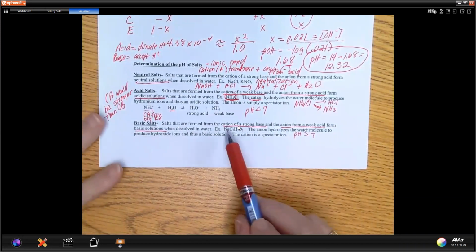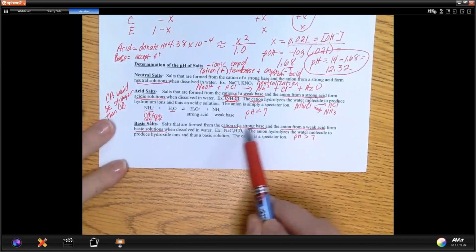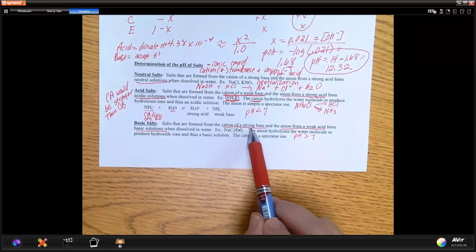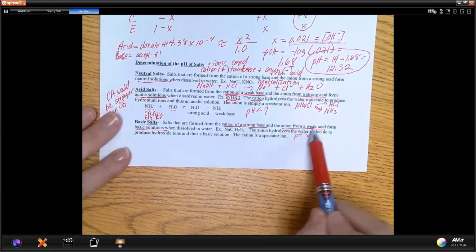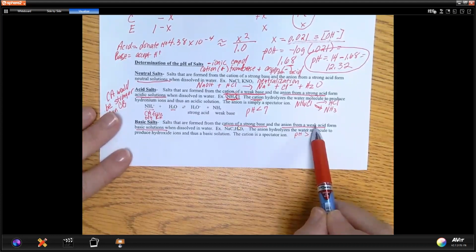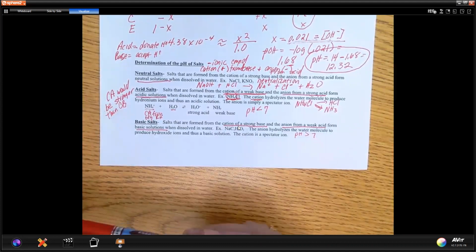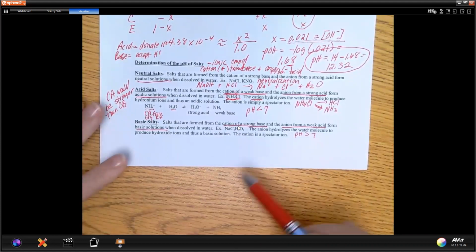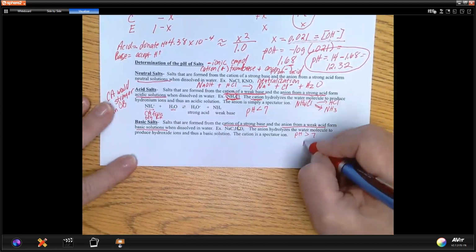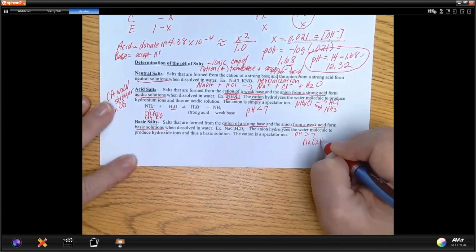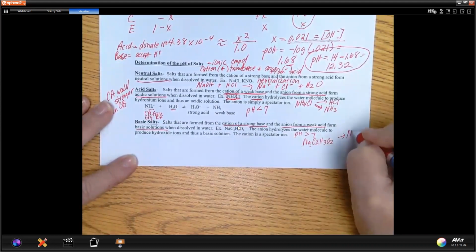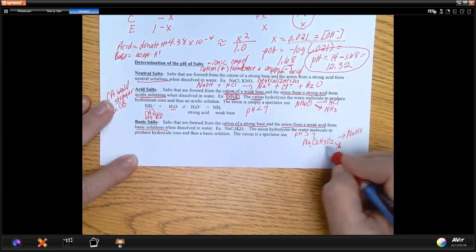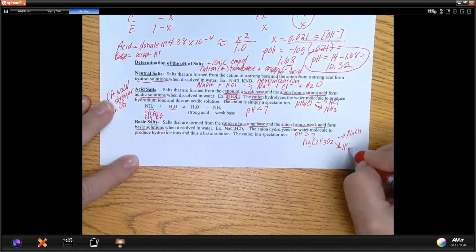Since my base is strong, it's going to be almost completely ionized. My weak acid will not be nearly as ionized, and that's what's going to contribute in the end to the pH. So if I have NaC2H3O2, that originally came from sodium hydroxide, and the anion, C2H3O2, would have come from acetic acid.